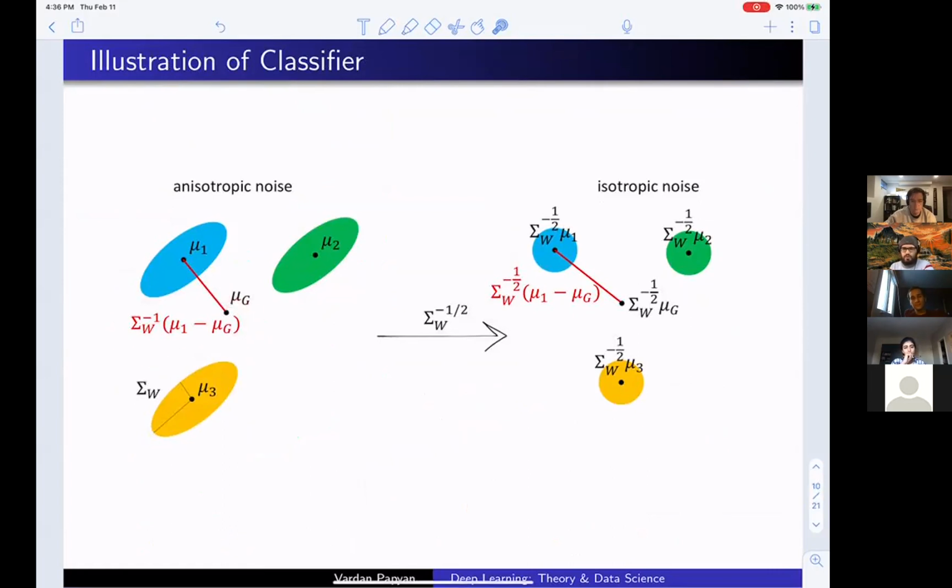Does this make sense? Does anyone have any questions? How many of you have seen linear discriminant analysis and know everything I've said until this point? No one? Okay, there's one person. Let's see, maybe there's more. Oh, one person. Okay.